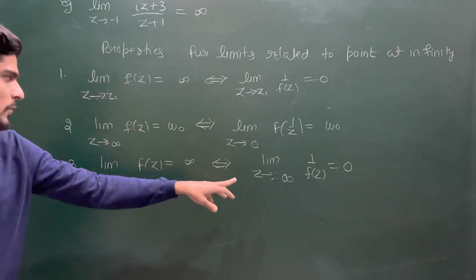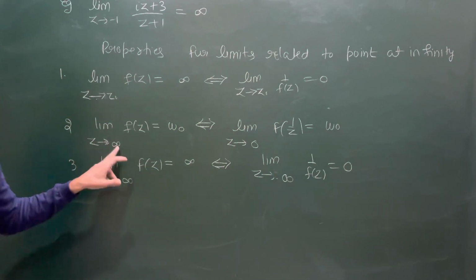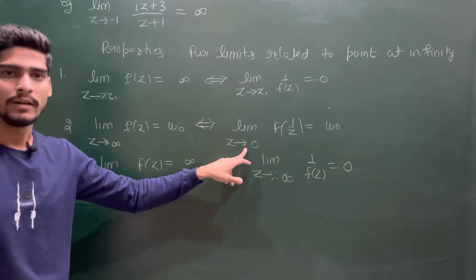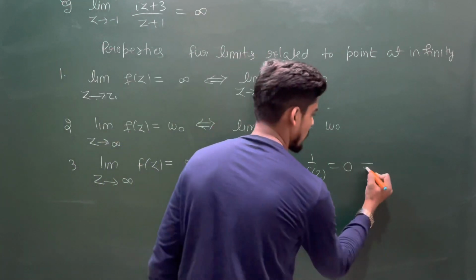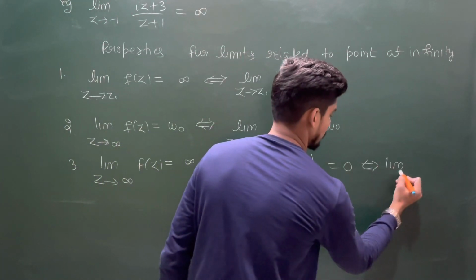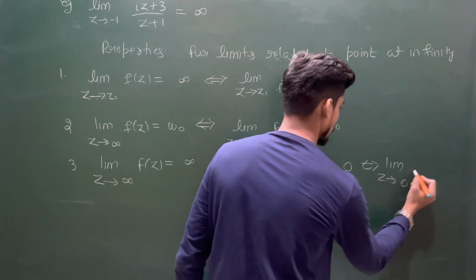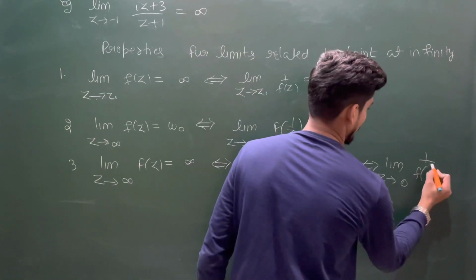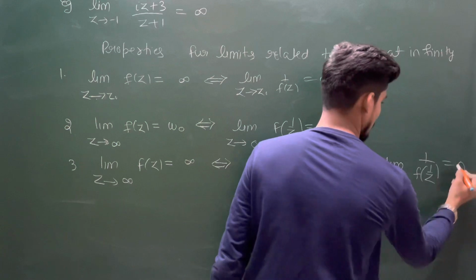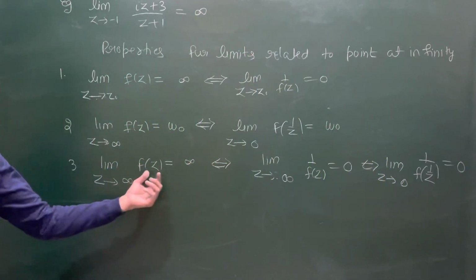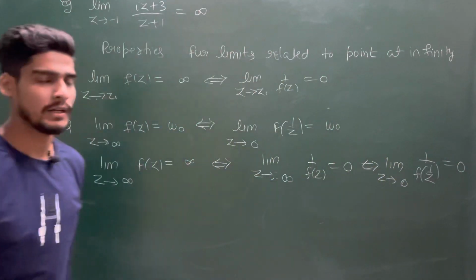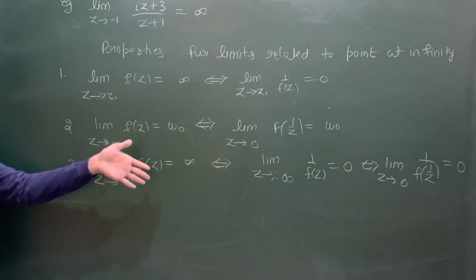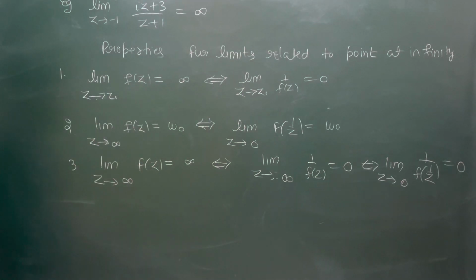Now you use this property, limit z tends to infinity, how you interchange your limit z tends to 0. So if and only if limit z tends to 0, 1 upon f at 1 by z is 0. So these three statements are equivalent. So these are some basic properties related to point at infinity for the limits.